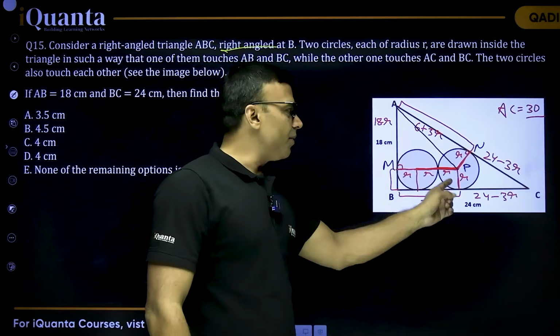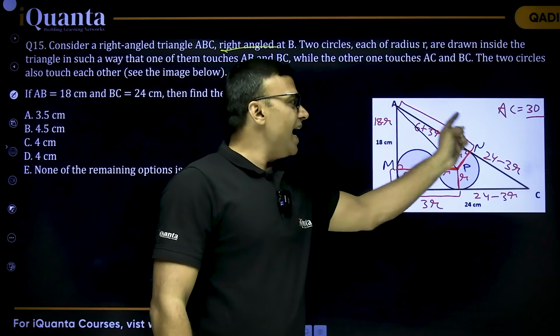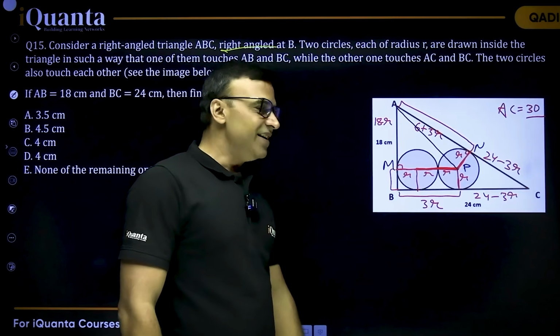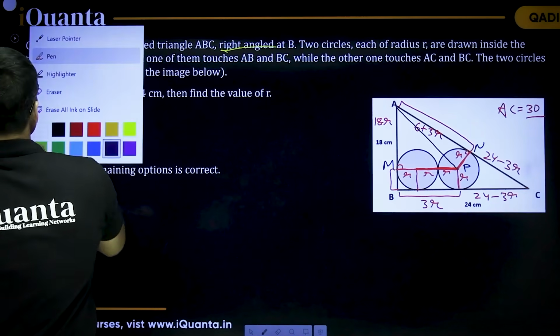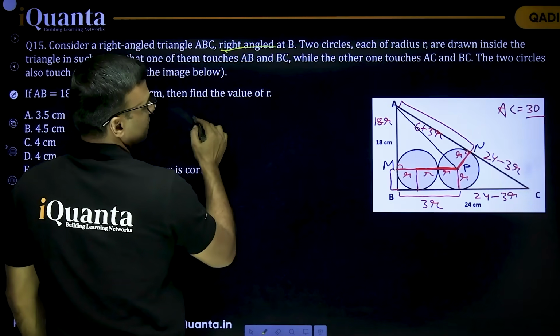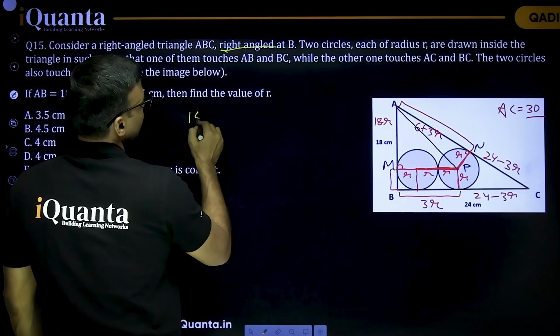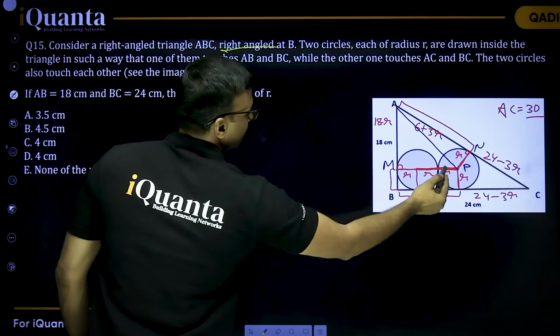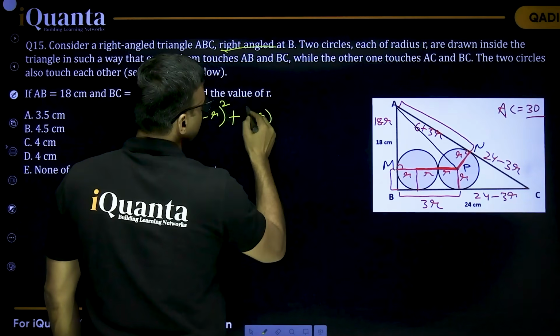In that it is the hypotenuse. Look at the triangle ANP. That also is the hypotenuse for that triangle. Okay? So what does that mean? For AMP, I am writing the hypotenuse length. That will be 18 minus r whole square plus r plus r plus r, 3r square.